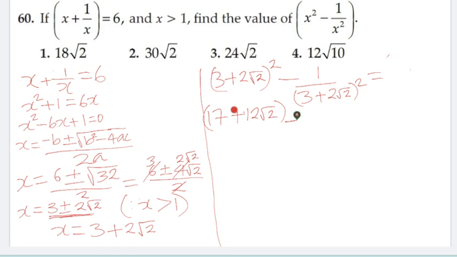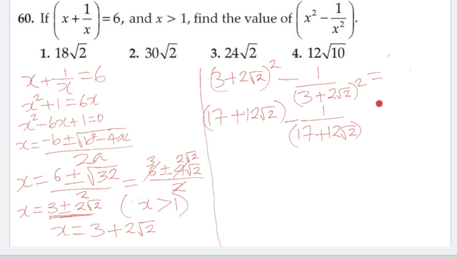So this again 1 by 17. Here also the same numbers only. So we will get the same result. So that is 17 plus 12 root 2. So now we got 17 plus 12 root 2, an irrational number in the denominator.